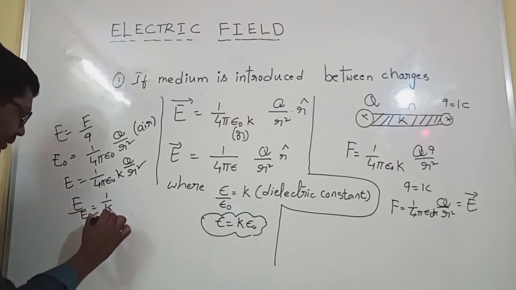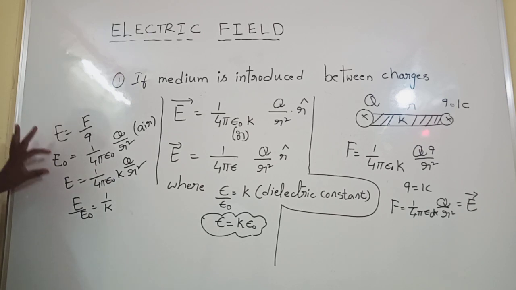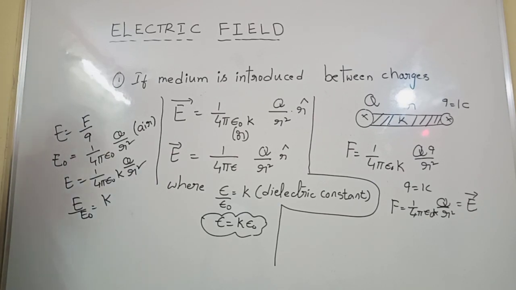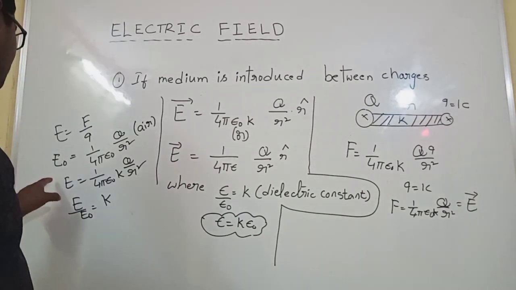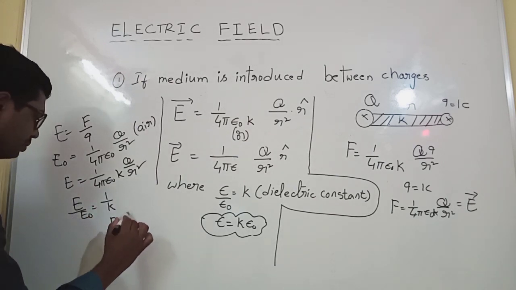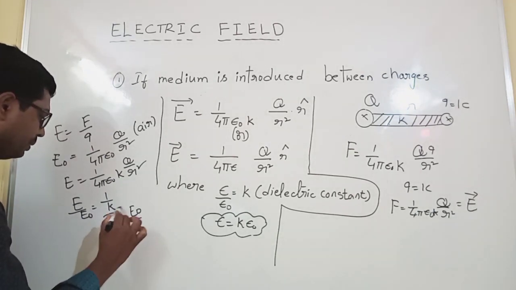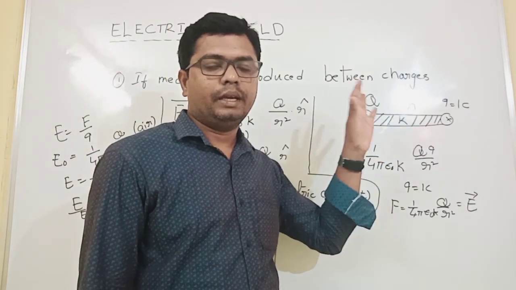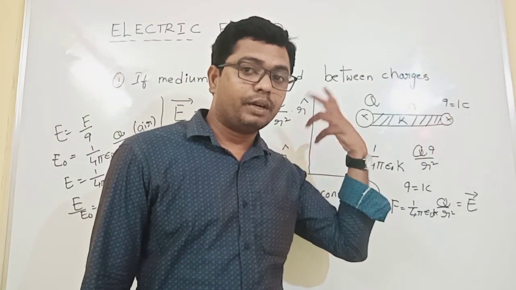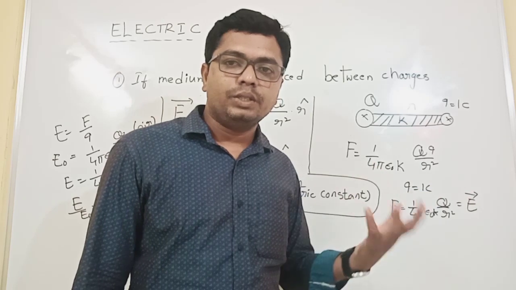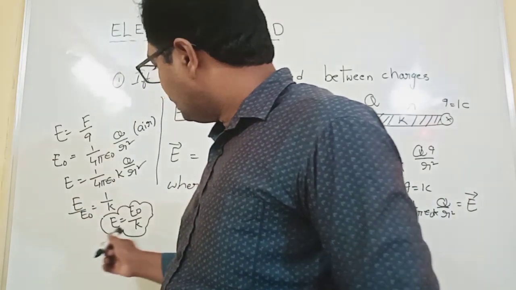This divided by this becomes 1 by K. That is, E is equal to E naught by K. The meaning of this is, if there is space between the two charges, the electric field strength is more. If you introduce any medium with dielectric constant K, the new electric field strength is reduced by K times.